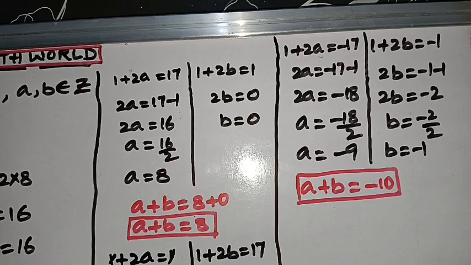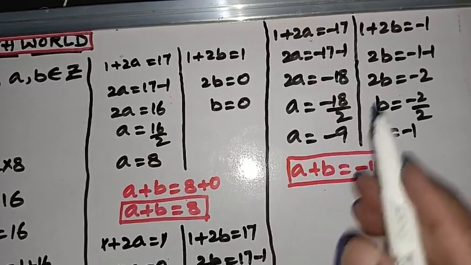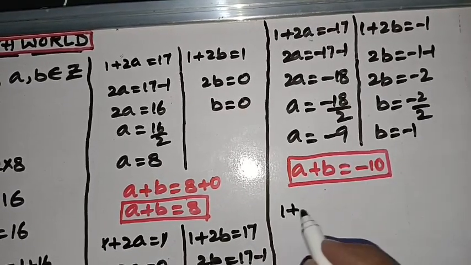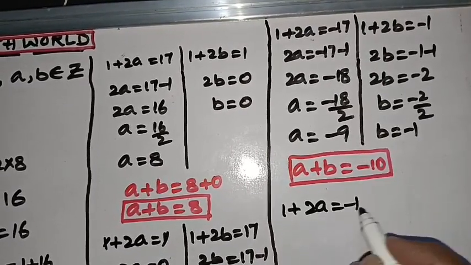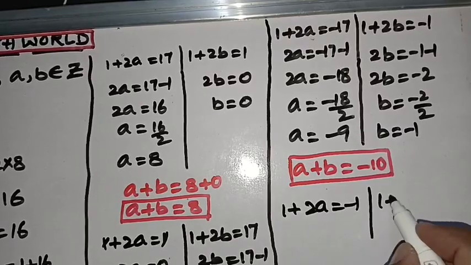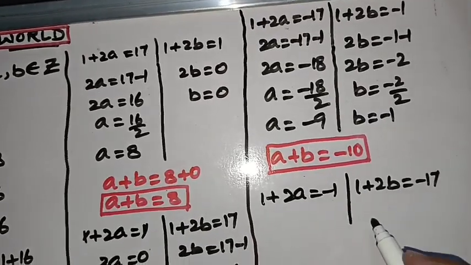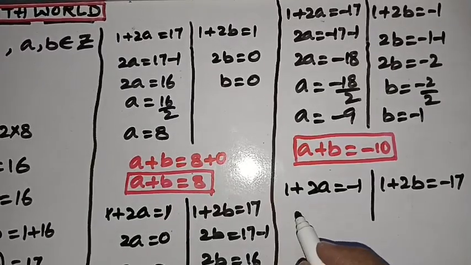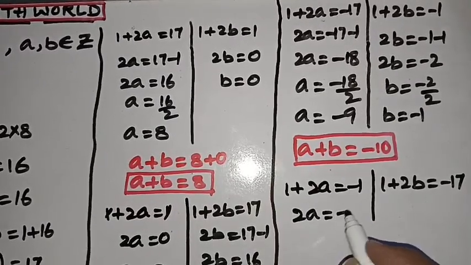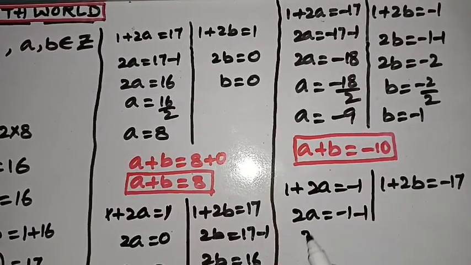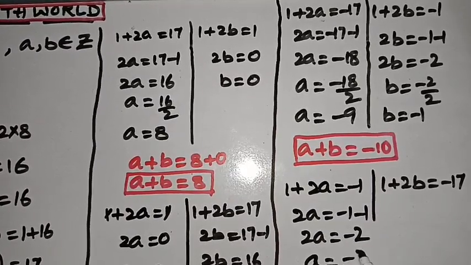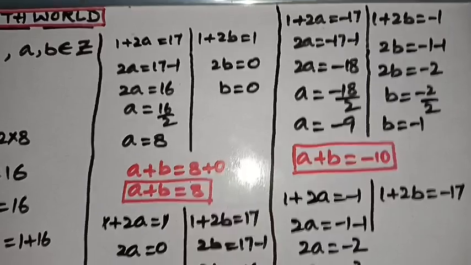And in a similar way, by taking 1 + 2a = -1 and 1 + 2b = -17, 2a = -1 - 1. 2a = -2. a = -2 by 2.